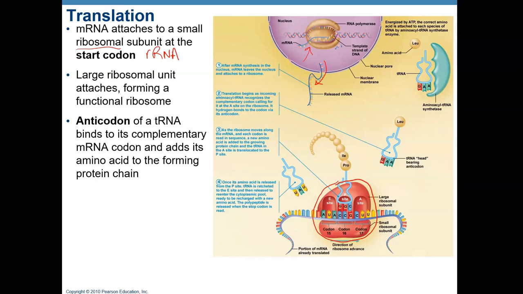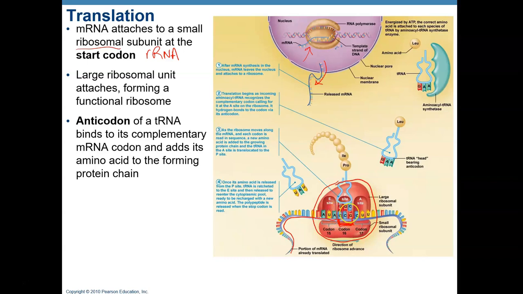The anticodon is what we call the opposite of the 3 codon triplet here on the mRNA strand. So this is our mRNA strand. It's got 3 right here. The tRNA that is the complementary codon sequence of this will come in. So in this case we had CCG.